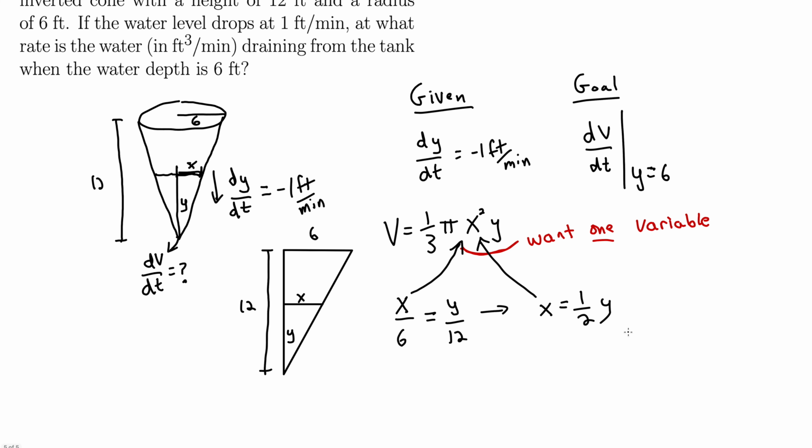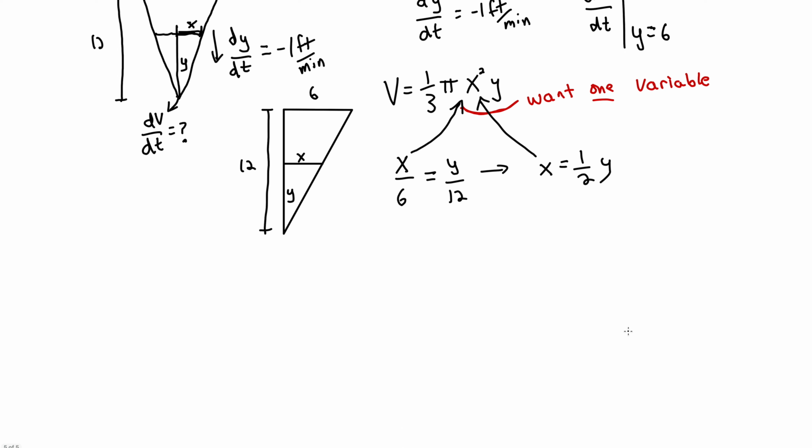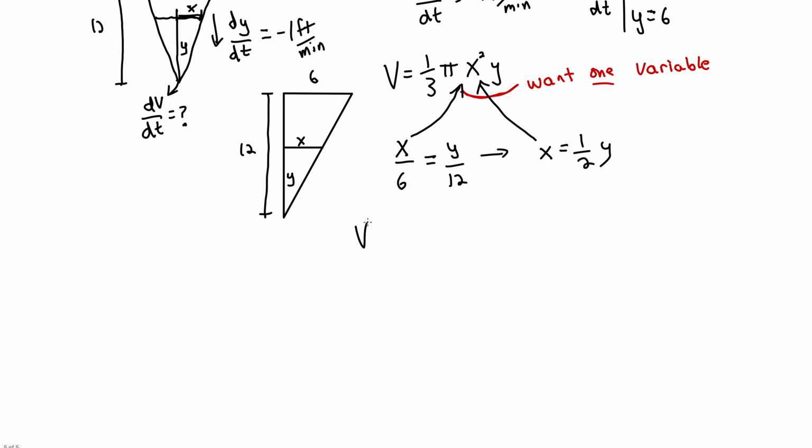Okay, so plugging that in, let's clear out some room here. V now equals 1/3 pi. Well, we decided x was 1/2 y, squared, times y. Okay, now we're making progress here. So volume then is, 1/2 squared is 1/4, times 1/3 is 1/12 pi y cubed.